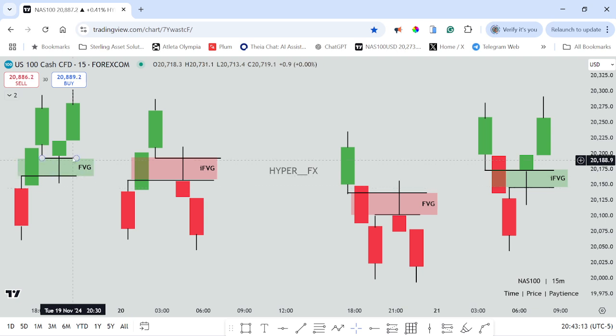So the process of the market coming down to fill this gap is called rebalancing. You can call this fair value gap a buy side imbalance and sell side inefficiency, or you can just keep it simple and call it a fair value gap.